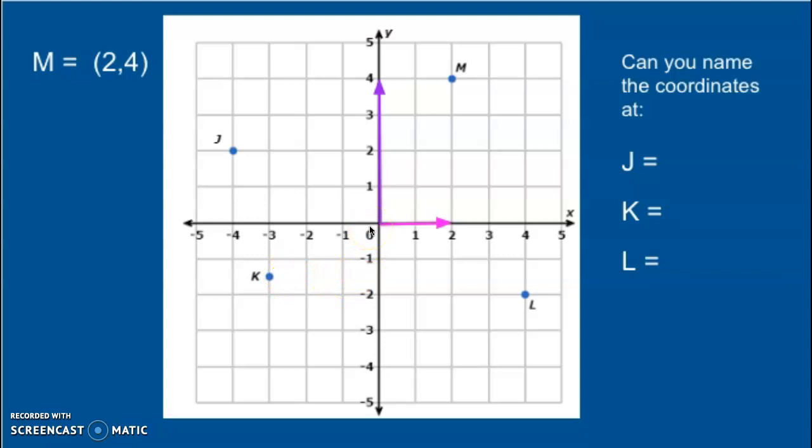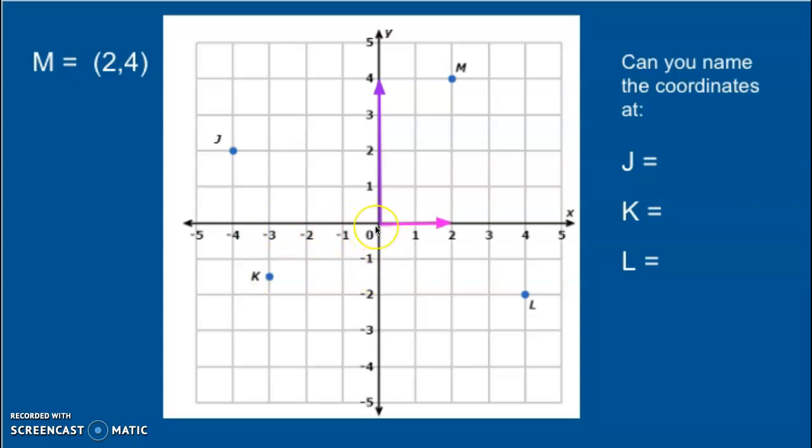Let's try K. K we see again is to the left, or negative, of 0 on the x-axis. 1, 2, 3. X would be equal to -3. Let's go back to the origin and take the y-axis, which we see is also in the negative direction. It is -1.5 on the y-axis. So this coordinate K has a value of (-3, -1.5).